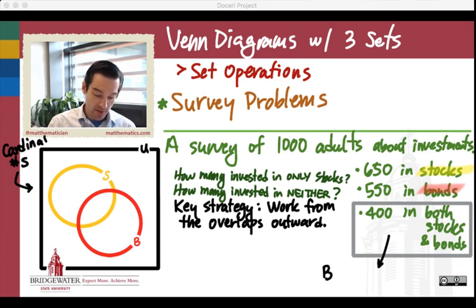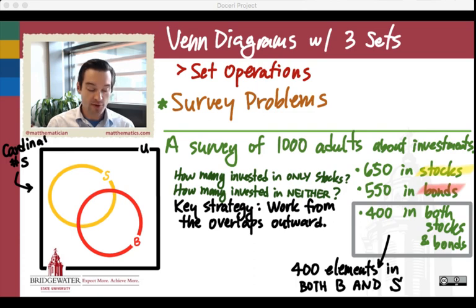So there are 400 elements that are in both B and in S. And so that corresponds to this region here, this overlapped region, which I'm going to color in here, just so that we get a sense of what is representing what. So this region of overlap in between S and B, that's where my 400 people are going to live.